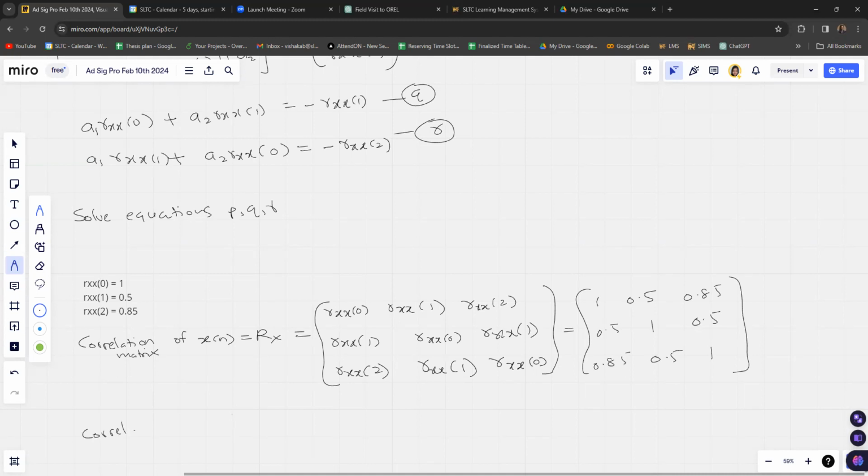The correlation matrix of V2 is RV, let's say RV2.